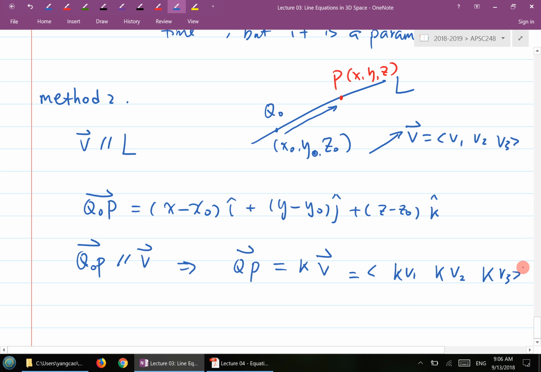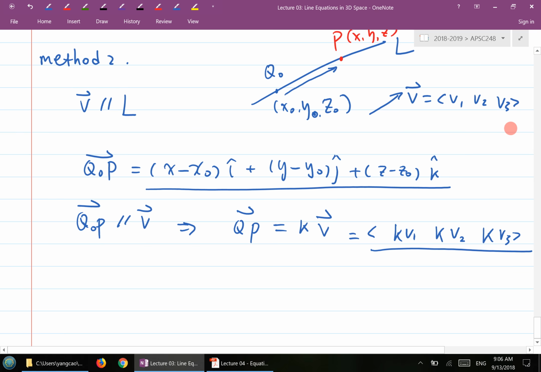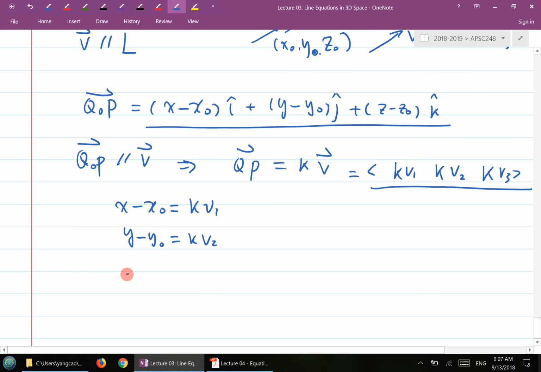Putting things together, here's your Q0P, here on this side is K times V. Equating the two, you get X minus X0 equal to K times V1, Y minus Y0 equal to K times V2, and Z minus Z0 equal to K times V3.